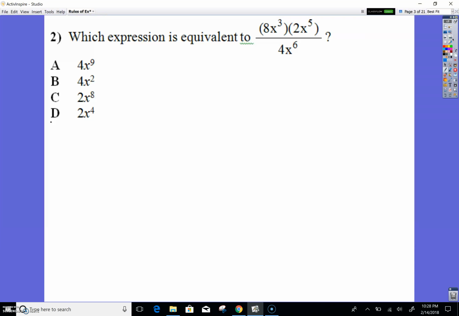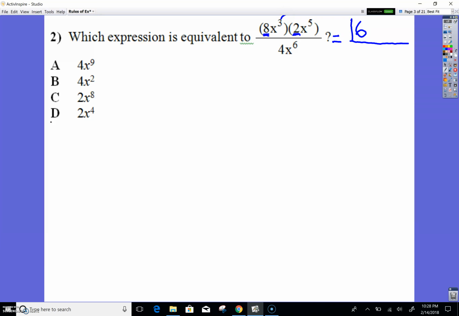Which expression is equivalent to 8x to the third power times 2x to the fifth power divided by 4x to the sixth? It looks like we have a lot. We're going to have to do this in 2 steps. First, I just find what the top is. 8 times 2 is 16.